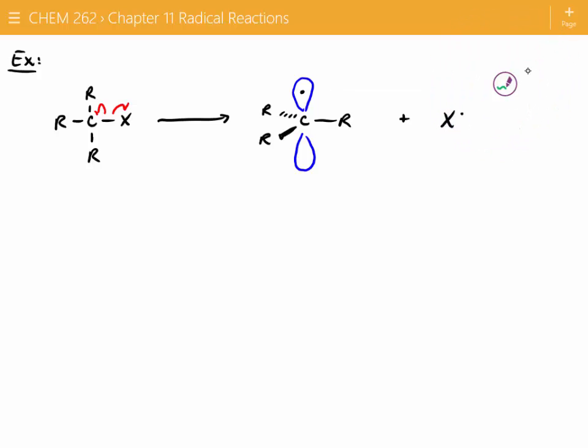So just like with carbocations, we go through this trigonal planar intermediate. And the stability trends are all exactly the same as with carbocations, right? So we follow the same stability trends as with carbocations.